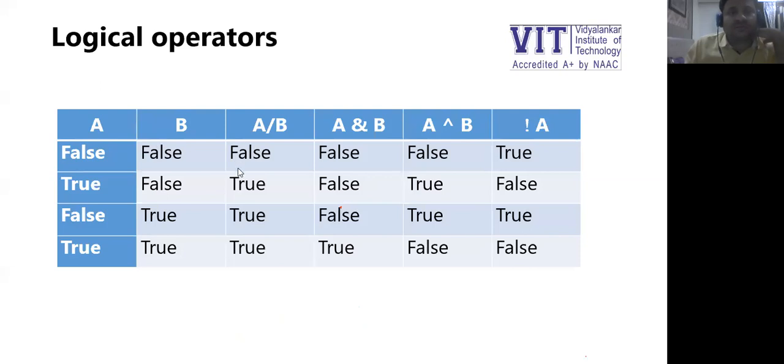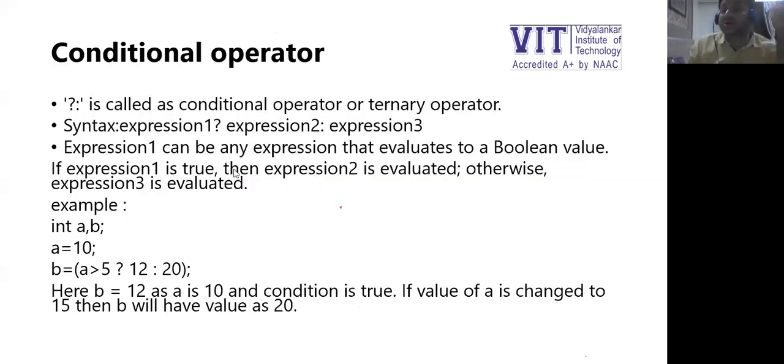And then we have the ternary operator. In the ternary operator, we have three operands. The basic form is: expression one, question mark, expression two, colon, expression three. The working goes like this: expression one will be evaluated. Ideally it contains some relational operation, greater than, less than, and something like that.